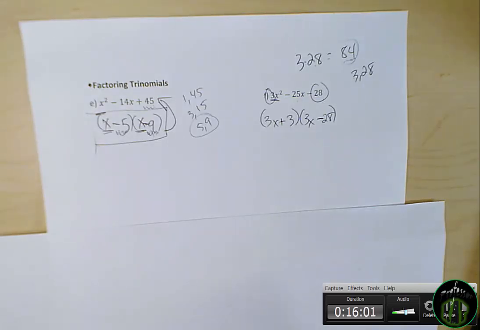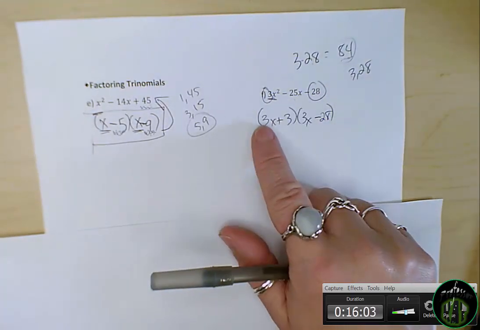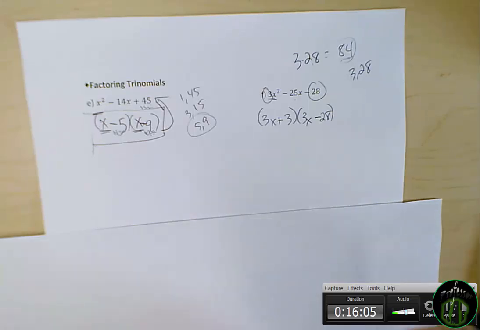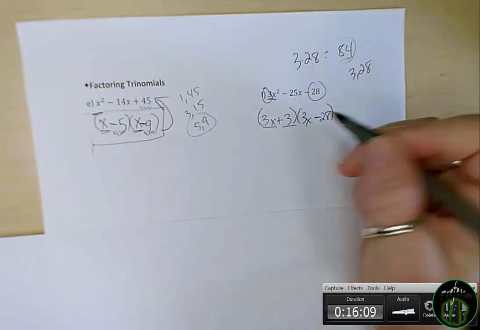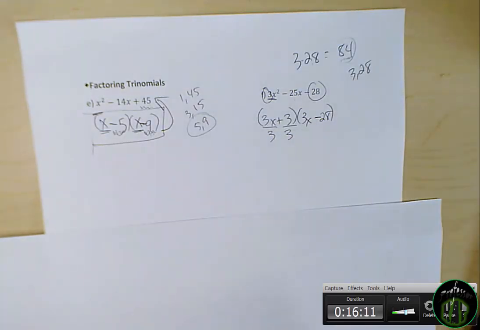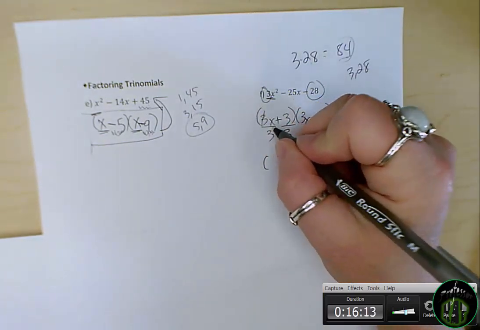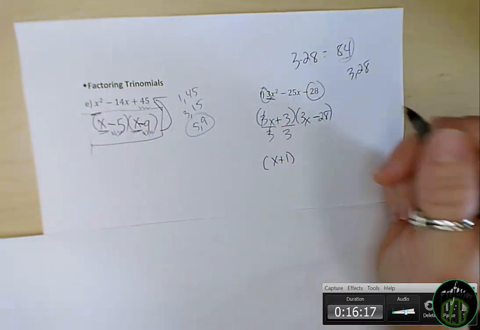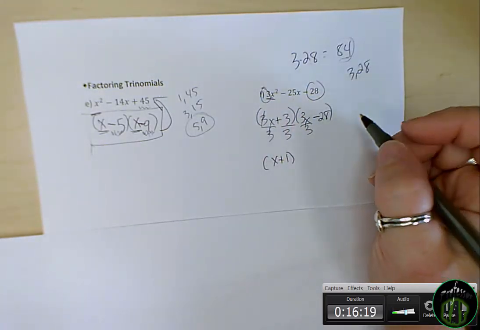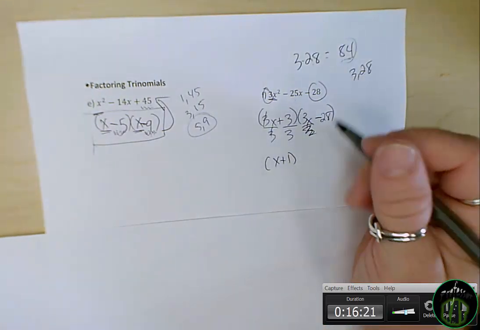Last step in factoring using no fuss, you need to reduce one or both of your factors. So think of this as a fraction. Here I have a 3, here I have a 3, which means I can divide out a 3. And when I do so, I'm left with x plus 1 here. Looking at this back factor, I can also divide by, I'm sorry, no I can't.